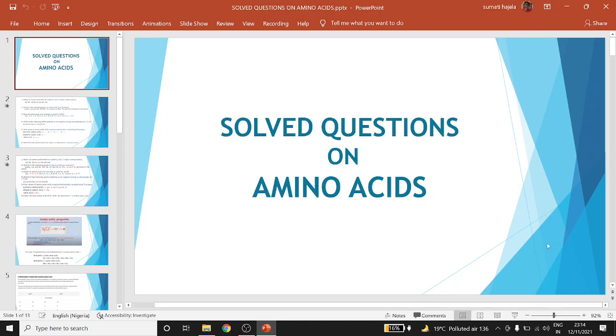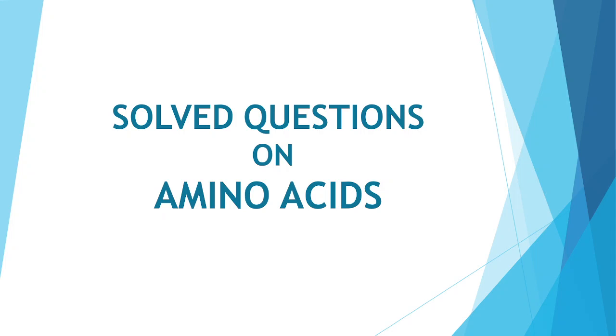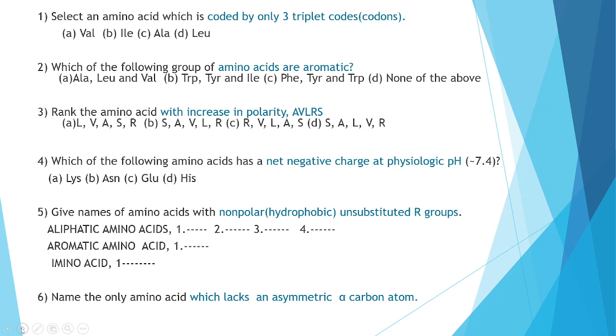Dear students, today I am going to tell you about amino acids and what are the various questions that can be asked. So, question number 1, select an amino acid which is coded by only 3 triplet codes.